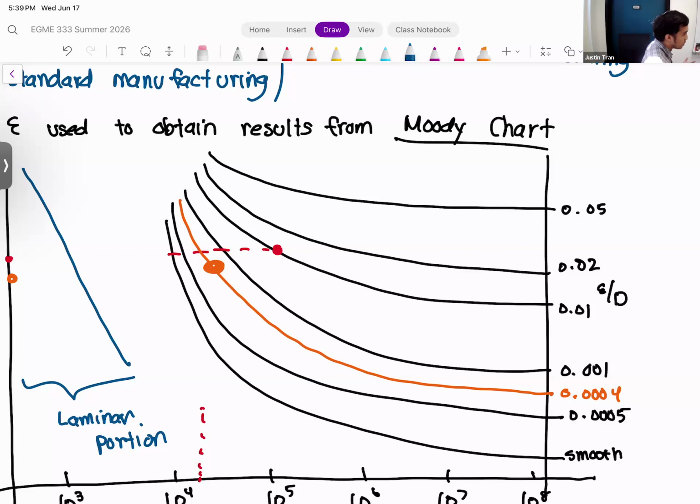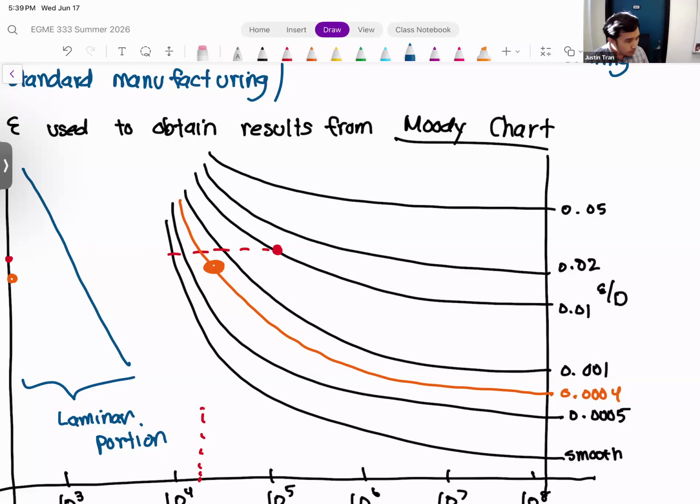Let's say that you only want to learn one method, you can just use this instead of using a separate set of equations for laminar flow. Normally, if you had laminar flow, you would use the Hagen-Poiseuille equation that we talked about earlier in the lecture today. But there is a section of the Moody chart that you can use for laminar.